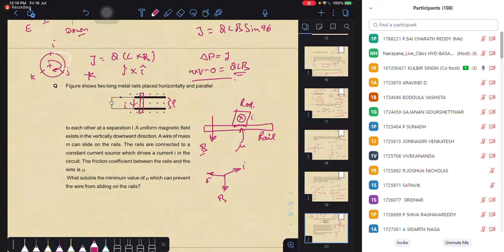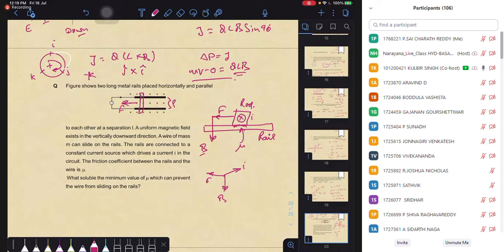So you can see a magnetic force is coming.